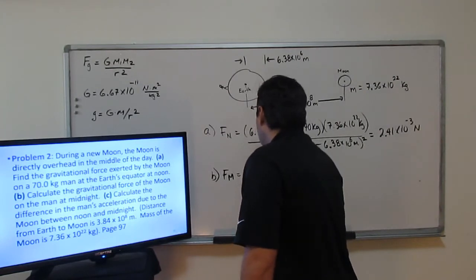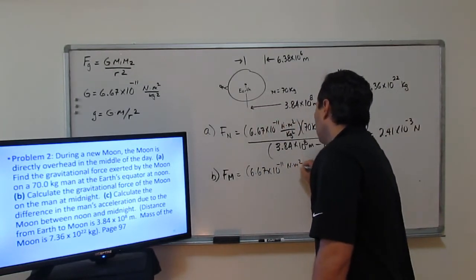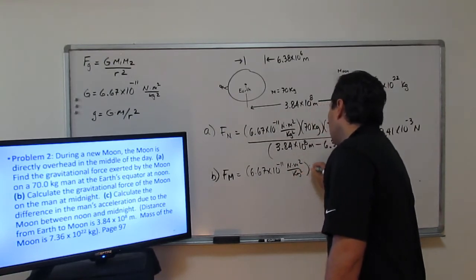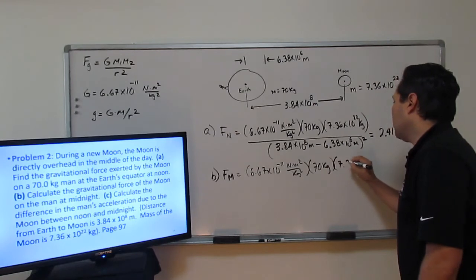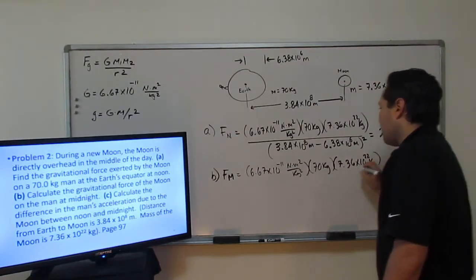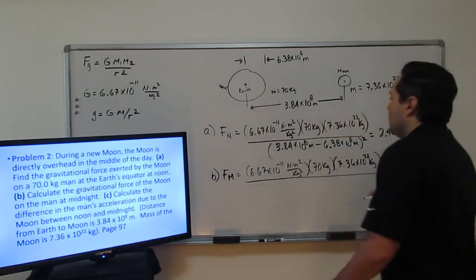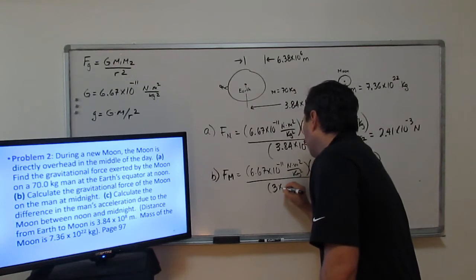Everything will look the same. It's the gravitational constant, mass of the man, mass of the moon, and the distance between the Earth and the moon.